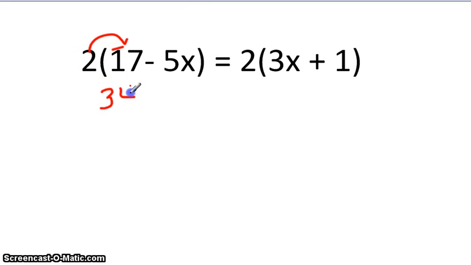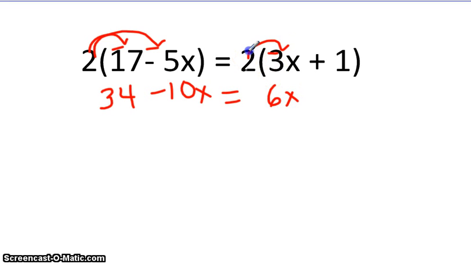It's 34 minus 10x equals 6x plus 2. So I've completed step number 2.